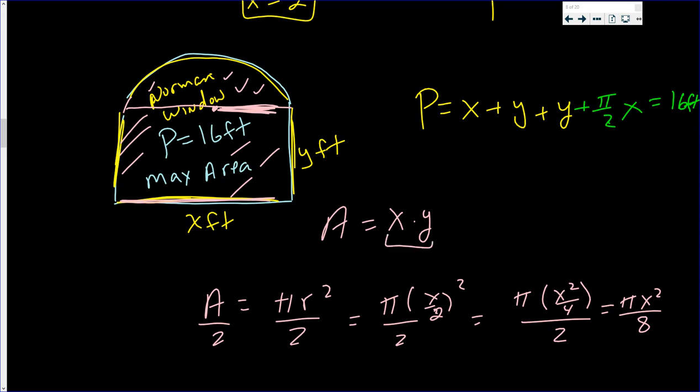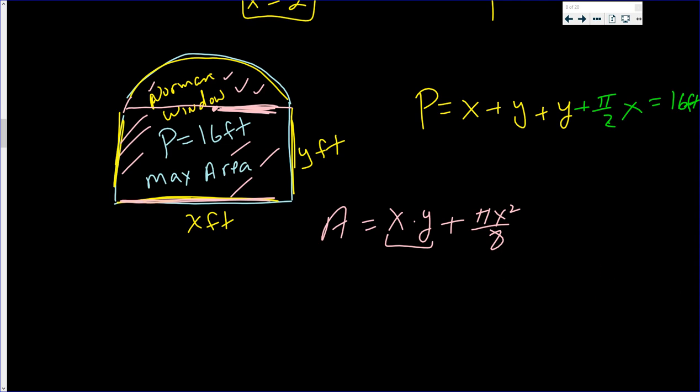This is the area of the rectangular portion plus the area of the circular portion. Okay. So that's the area we want to maximize. Might as well maximize it given that we can't have any leeway in the footage. We only have 16 feet of material to build a perimeter.